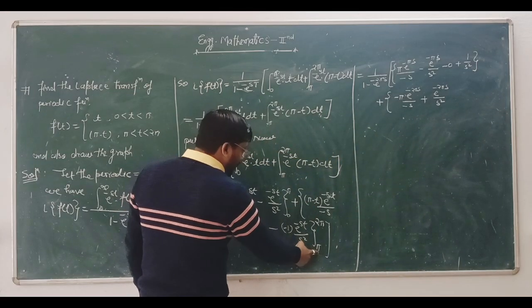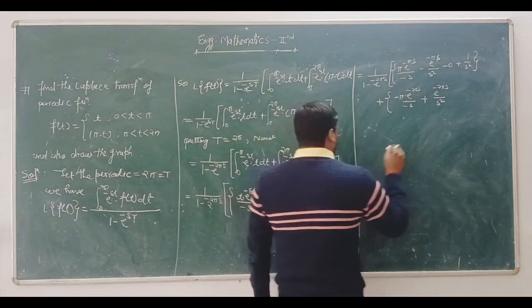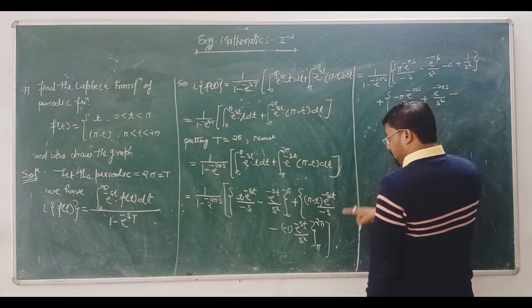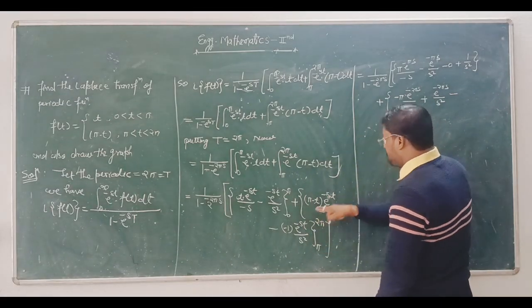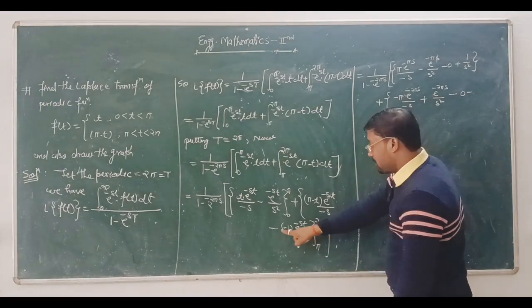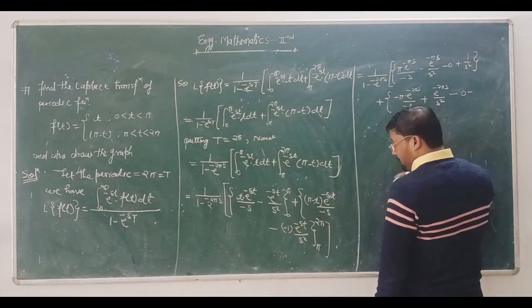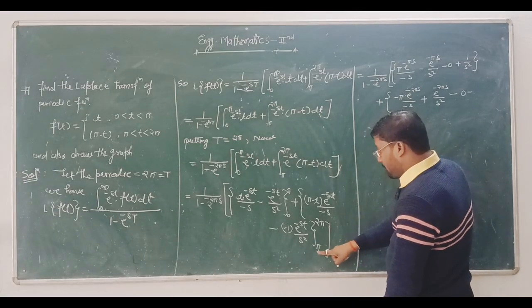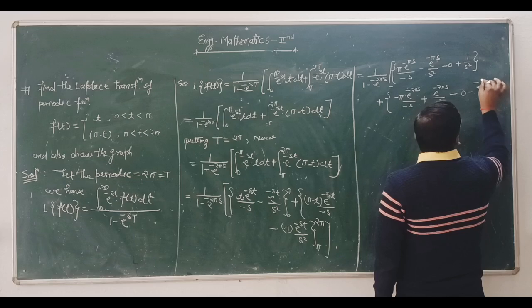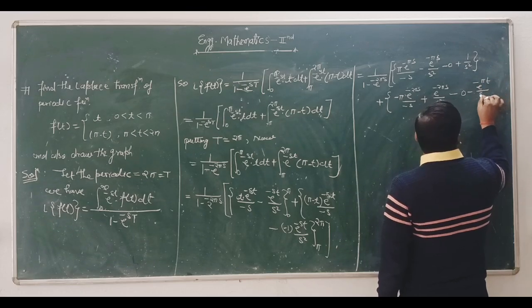Now put the value: first put pi minus pi is equal to 0. Now open the bracket, minus, plus minus, value put pi, it means e to the power minus pi s upon s square.